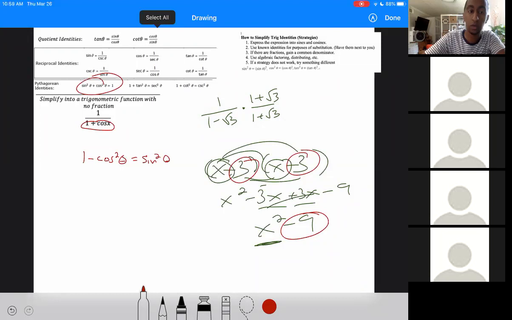All right, and the only way to do that is by multiplying this by 1 minus cosine of x over 1 minus cosine of x, okay?